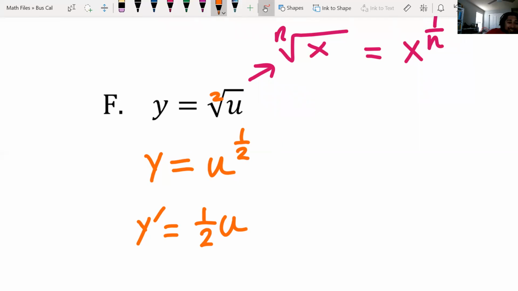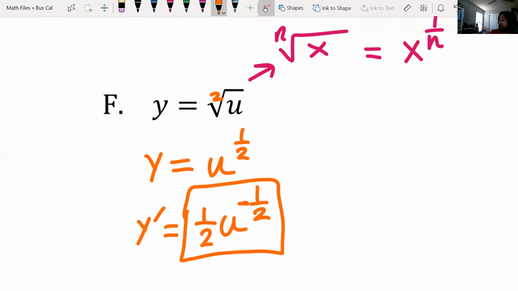Or what's 50 cents minus $1? -1/2. There you go. And this is a good answer.